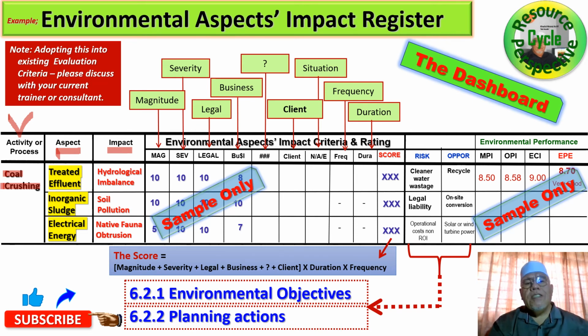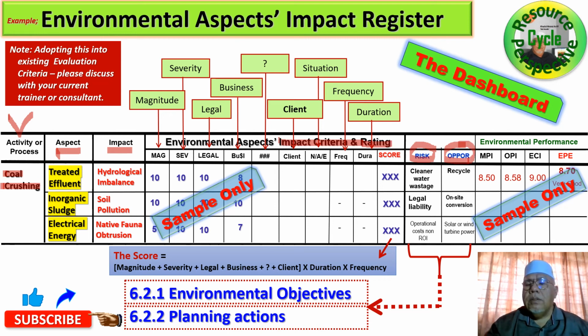And for each aspect, we've got to evaluate what we call the environmental aspects impact evaluation. And this is where it is. We have our impact criteria and rating. This is the aspects impact evaluation. All right, over there in the dashboard. And we have risk to all these environmental aspects and their associated processes listed down.